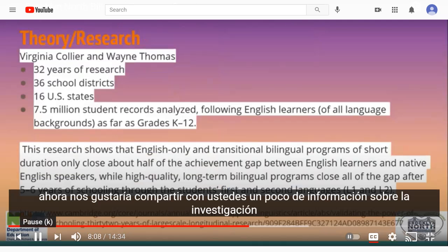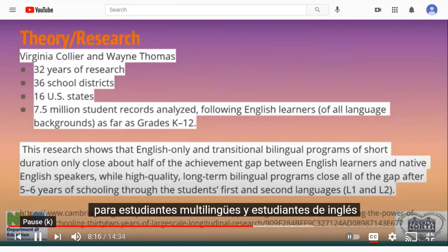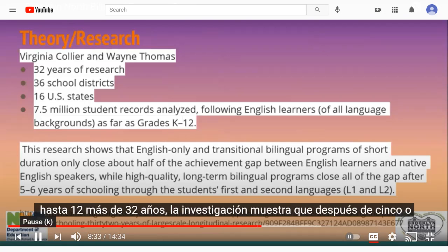Now we'd like to share with you a little bit of information about the research that shows dual language education is a significant source of support for multilingual learners and English language learners. Virginia Collier and Wayne Thomas studied the records of 7.5 million English language learners of all language backgrounds from grades K through 12 over 32 years.